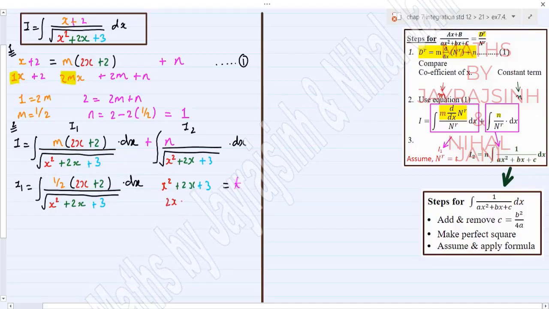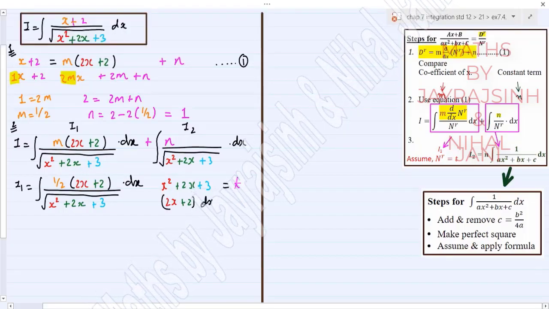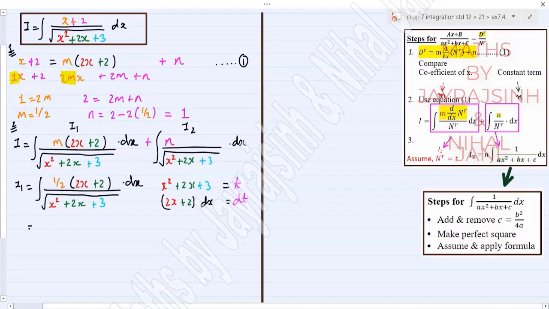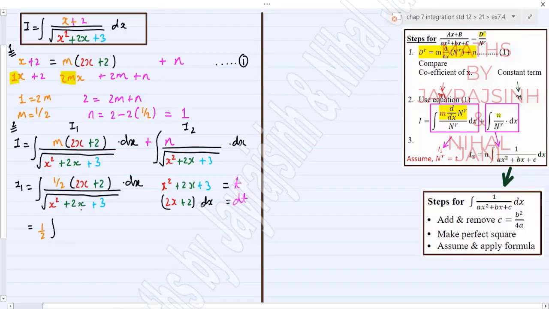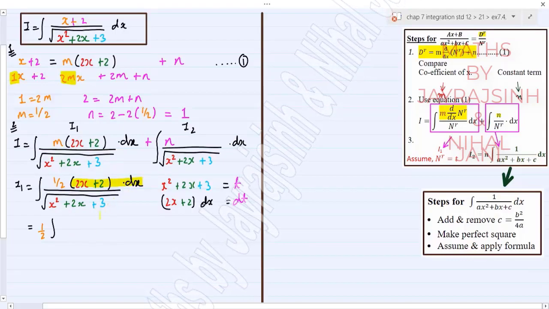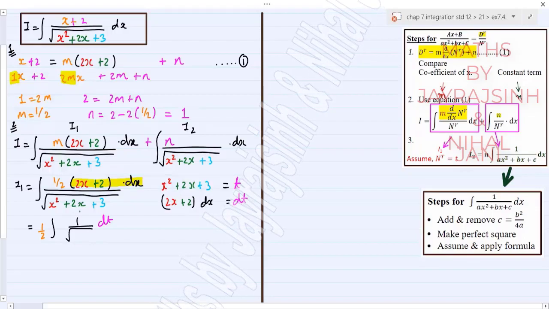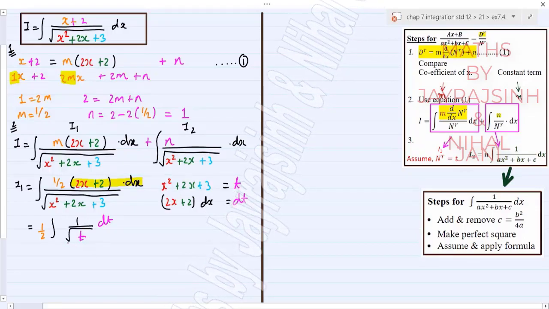So we will get 2x plus 2 dot dx is equal to dt. So this 1 by 2 is constant, take it outside, and this 2x plus 2 dot dx will become dt, and 1 upon under root of x square plus 2x plus 3 will be your t.